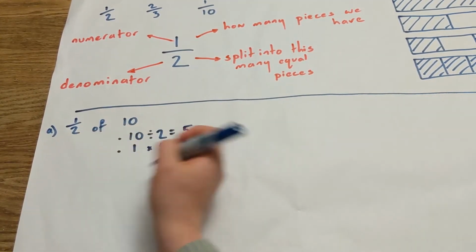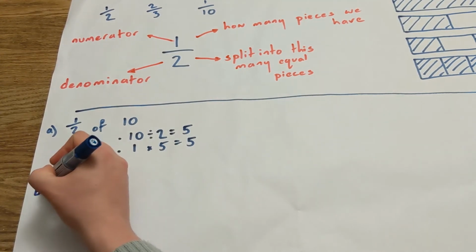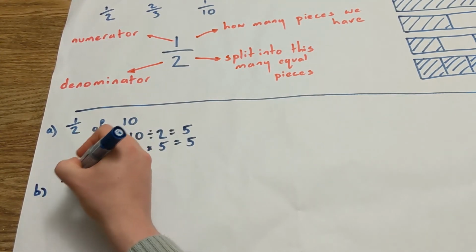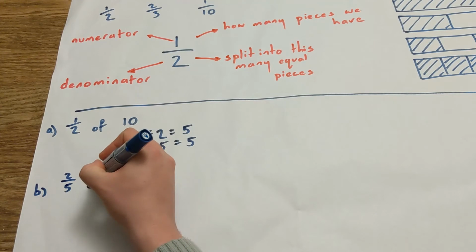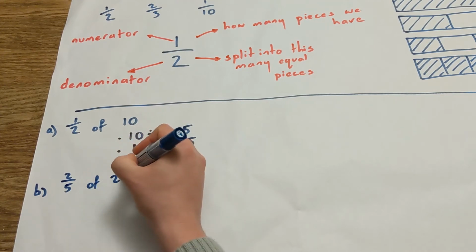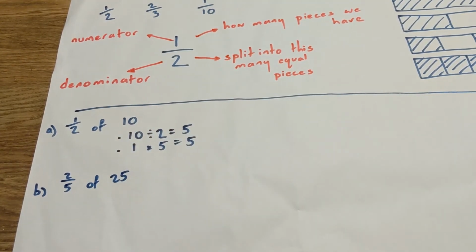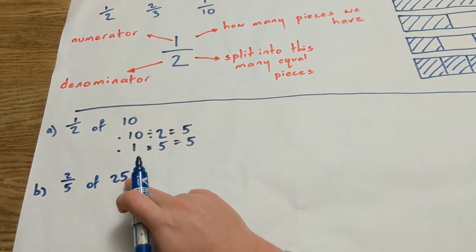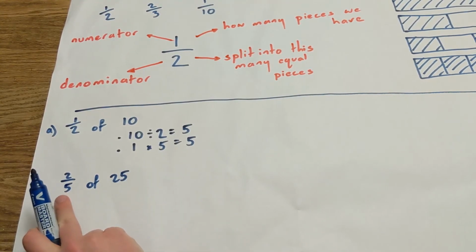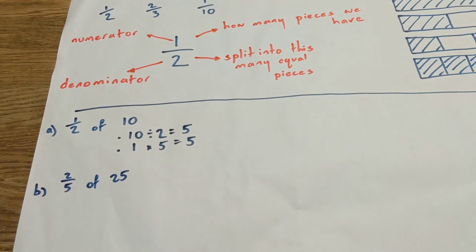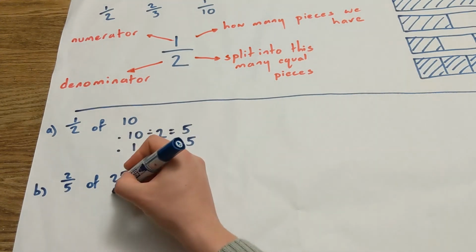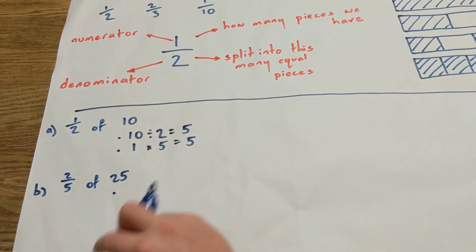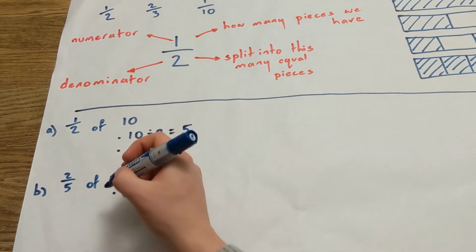Let's look at something a wee bit trickier. I'm going to say I've got 2/5 of 25. So I've got 25, it's been split into 5 equal pieces, and I have 2 of them. My first step is to work out how big each equal piece is.